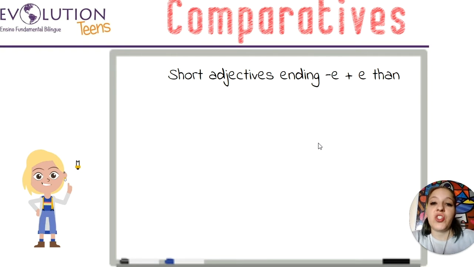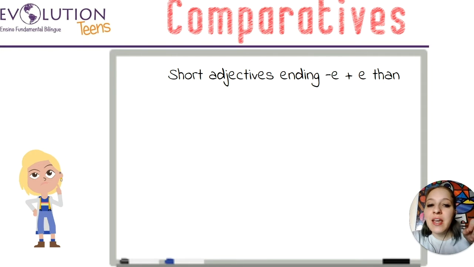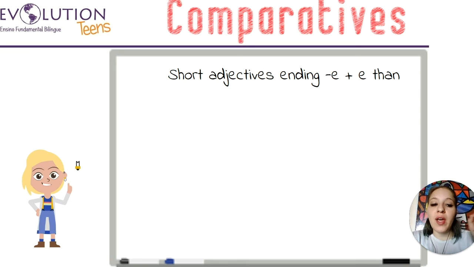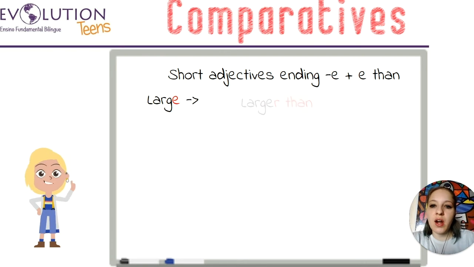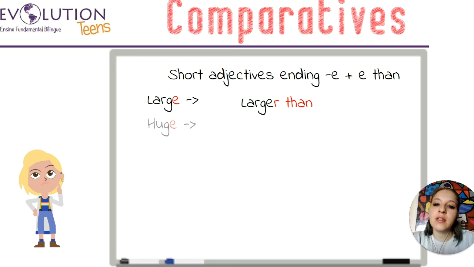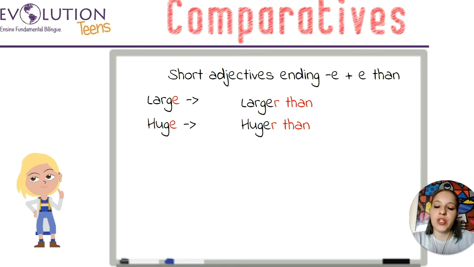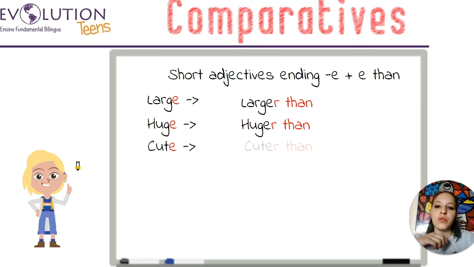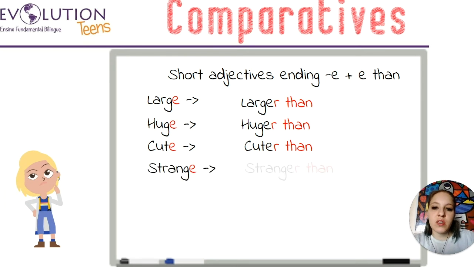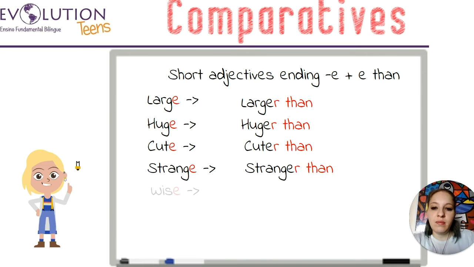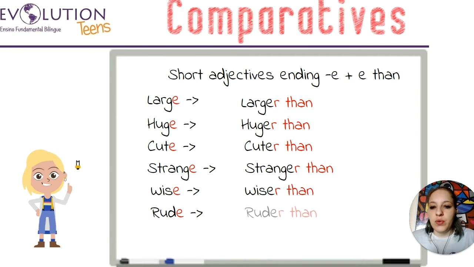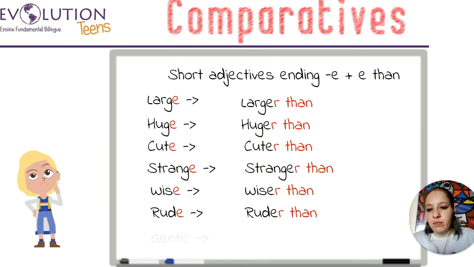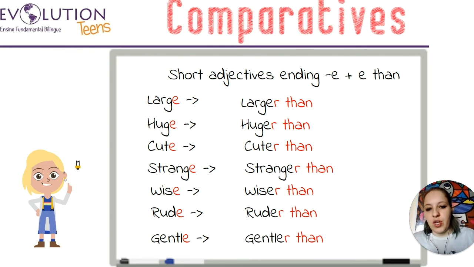When we have an adjective that ends with E, we put only R, and then, large, larger than, huge, huger than, cute, cuter than, strange, stranger than, wise, wiser than, rude, ruder than, gentle, gentler than.